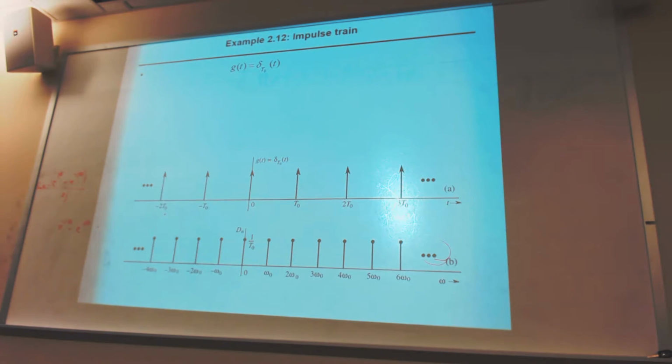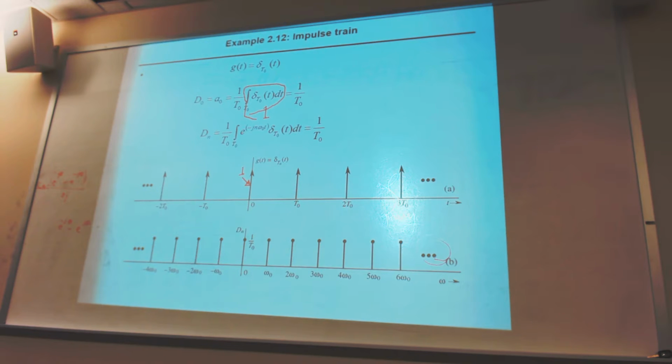Okay, now another example, the impulse train. When you see an impulse, it's like a relief. So what's the average, 1 over T naught times the integral over 1 period? What would be the integral? What's the area here? 1. So this integral over 1 period is just 1. Then 1 over T naught, that's D0.